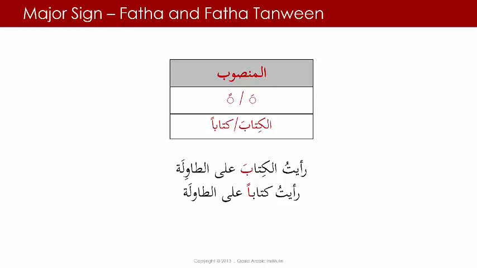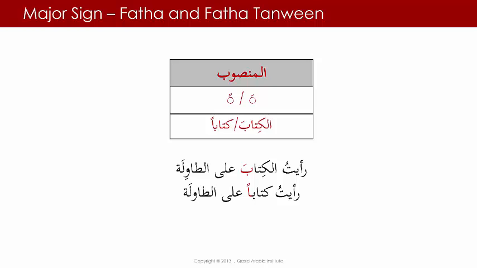Here we have the example with the indefinite رأيت كتابا على الطاولة. I saw a book on the table. Again, kitaban is mansub with the sign of fatha tanween, because fatha is the major sign of the mansub case. And the mansub case basically tells us what the possible functions are of the word in the sentence.